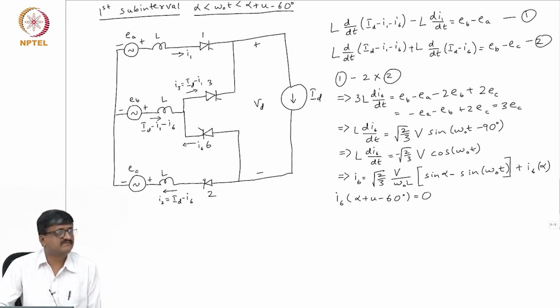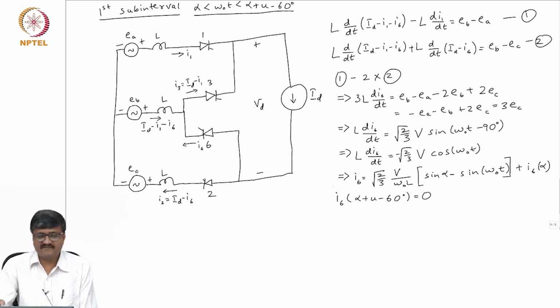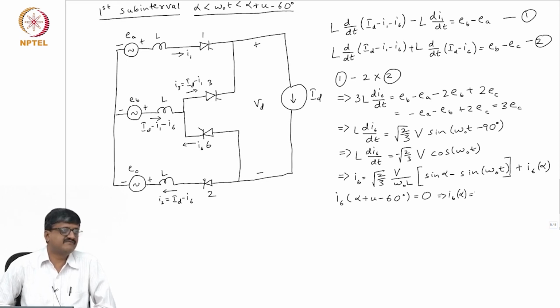So why don't we put that? Yeah. So, if I substitute omega ot equal to alpha plus u minus 60 degrees in the previous equation, I get left hand side 0. So, that will give me I6 of alpha. So, this gives the expression for I6 of alpha. Okay. So, once you get I6 of alpha, substitute in the previous equation, you get expression for I6.